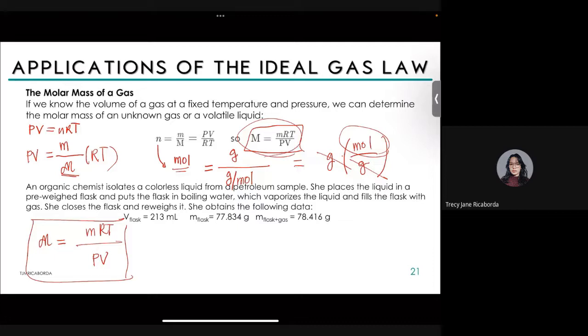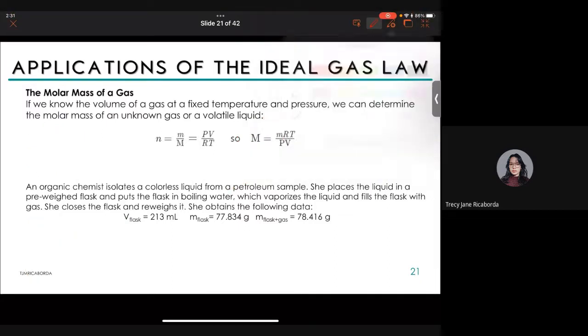Okay, it came from n equals mass over molar mass. Anyway, let's try to look at the example here. Give me one moment. Okay, I'm back. So we're given this example. An organic chemist isolates a colorless liquid from a petroleum sample.